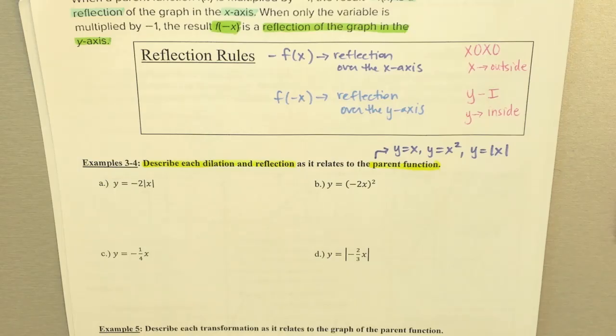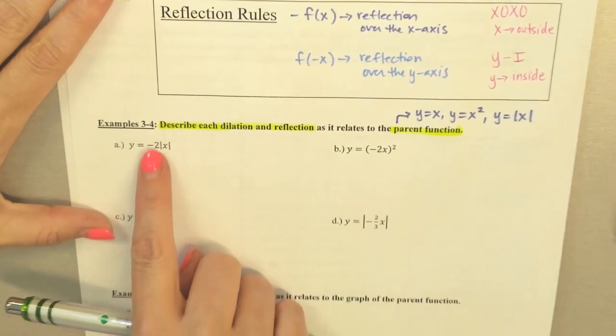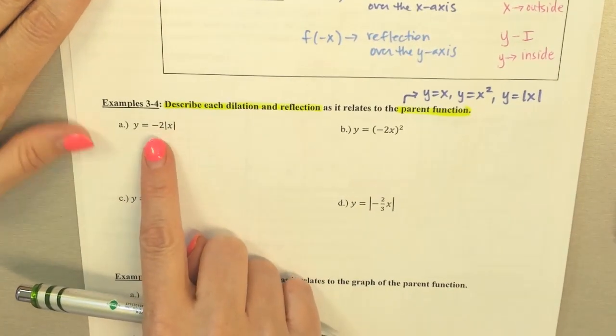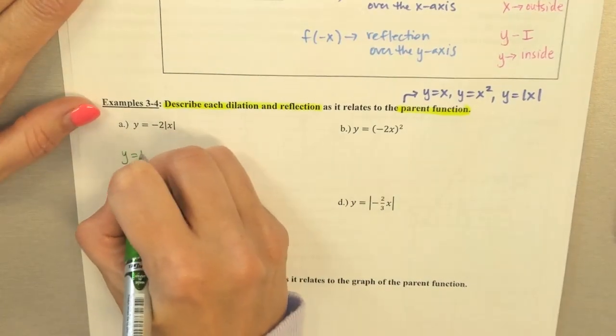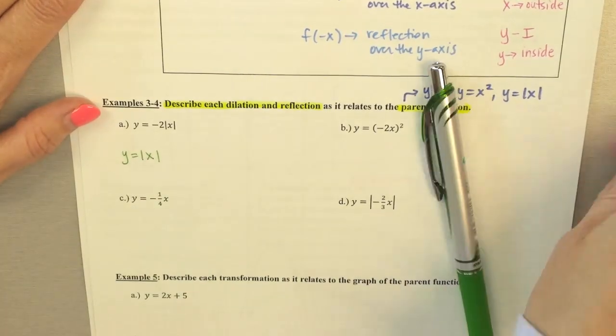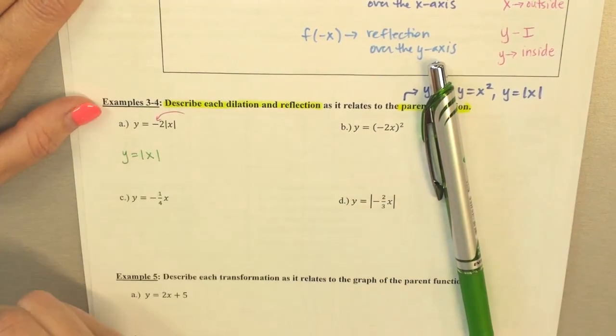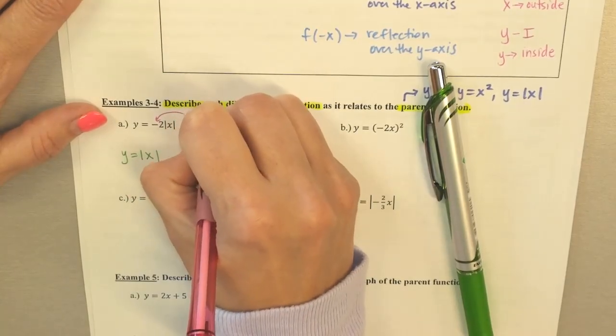Okay, I'm going to do some annotations here. I'm going to talk to the text math style, which is where we try to figure out what these values mean. So when you're looking at this, hopefully we can see that this is the absolute value, right? This is y equals the absolute value of x. That's what's being transformed. And then we have to determine what type of reflection it is. So your negative is on the outside.